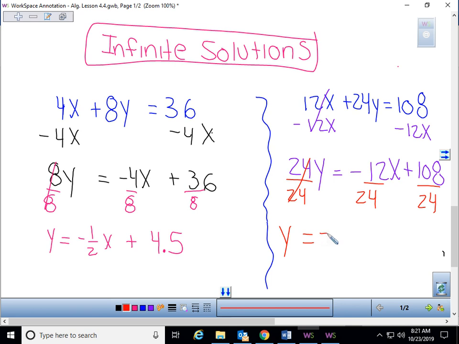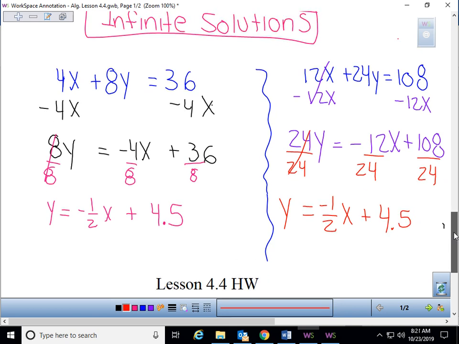When that simplifies down, that is also a negative 1/2, and then x tags along. 108 divided by 24. It might be easier if you divide these numbers by a common factor first, but no matter how you do it, whether you work with these numbers as is or simplify first, you do still get 4.5.